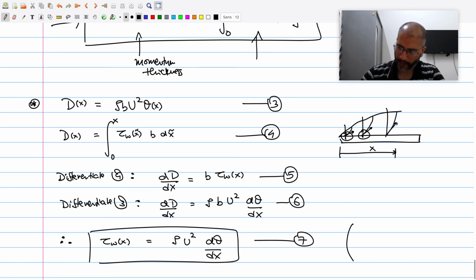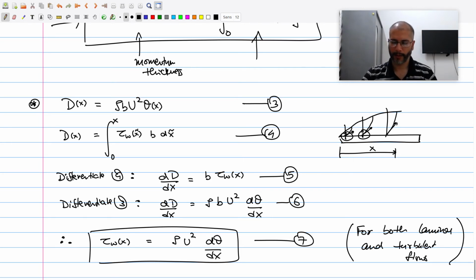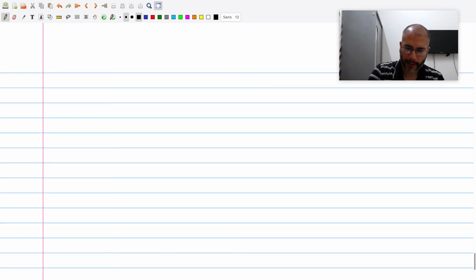It is true for both laminar and turbulent flows. Now there is nothing else we can do unless we decide whether we want to work with laminar flows or turbulent flows. So let's say we are working with laminar flows.